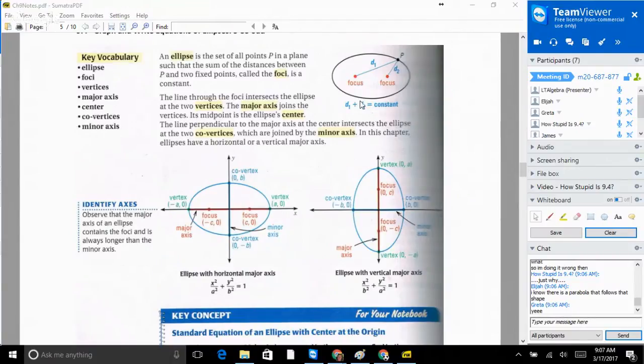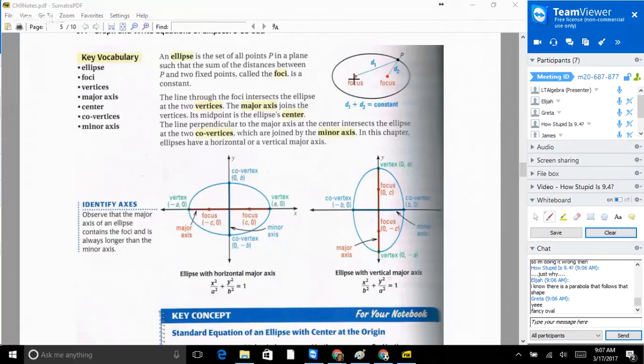The definition of an ellipse is that if you have these two focus points, any point on the ellipse is going to have an equal distance when you add the distance from one focus point to that point P plus the distance to the other focus point.